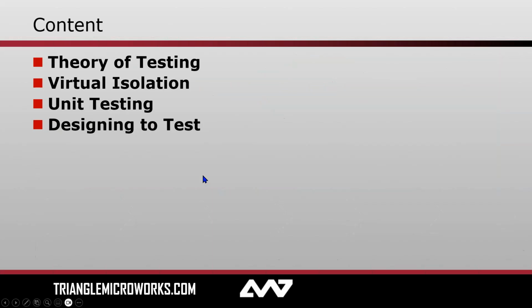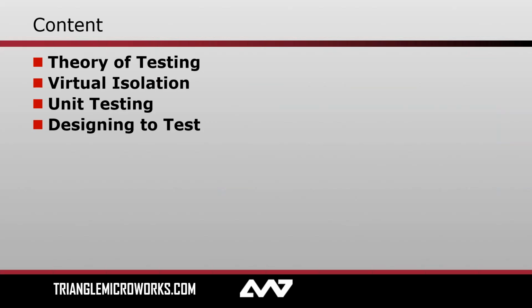So starting out, here's the general outline for today. I'll start out by talking a little bit about the theory of testing and how it applies to those different stages. Then we'll take a deeper look at virtual isolation, learn what that means and what it looks like when you're testing a digital substation.